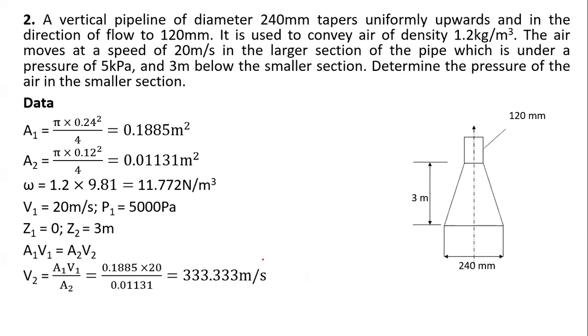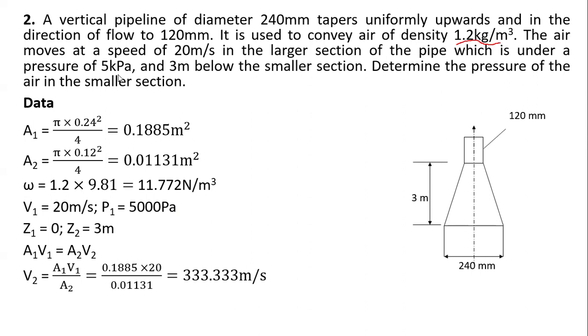Now, that was horizontal. What if the pipe is vertical? A vertical pipeline of this diameter uniformly tapers upwards to 120 millimeters and is conveying air whose density is this. The speed of air in the larger section is 20.